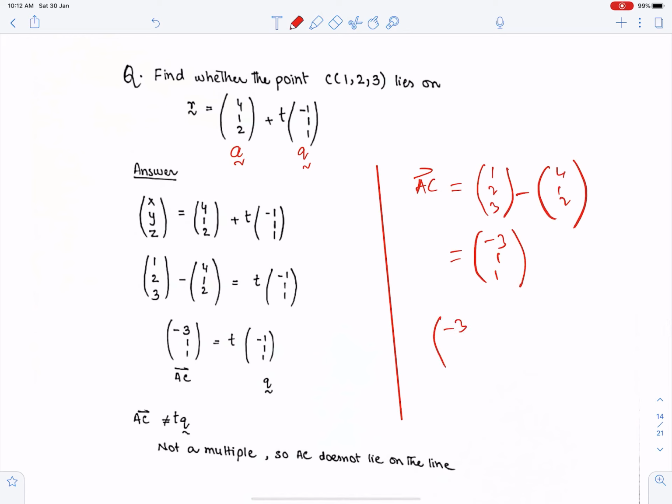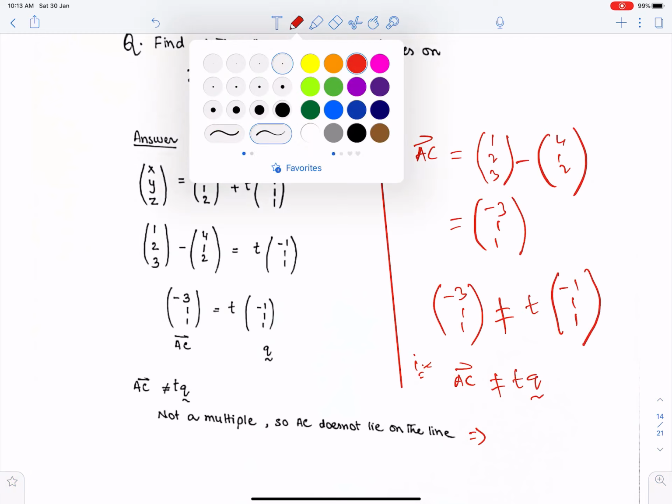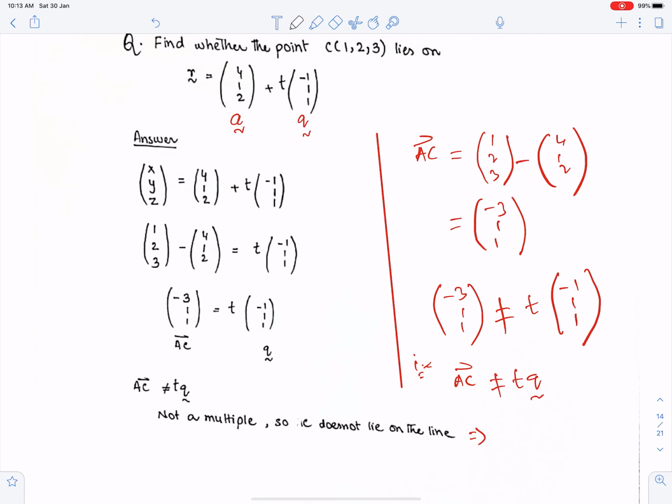Since minus 311 is not a multiple of this vector, AC is not a multiple of Q. Therefore, C does not lie on the line.